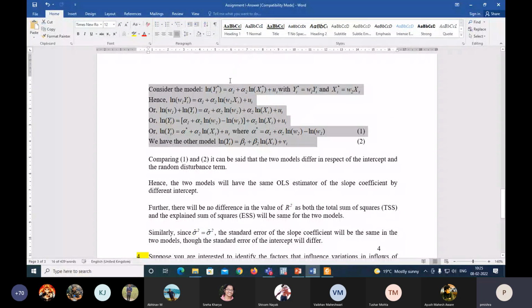When we are just changing the scale, multiplying the variable by a constant factor, say we are multiplying y by w1 and x by w2 and then taking log transformation of the variables, we are essentially getting a model similar to the model that is obtained simply by making log transformation of the variables. The only difference here is in respect of the intercept. Here it is alpha star, here it is beta 1.